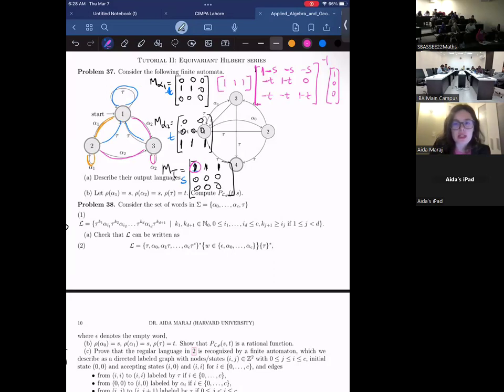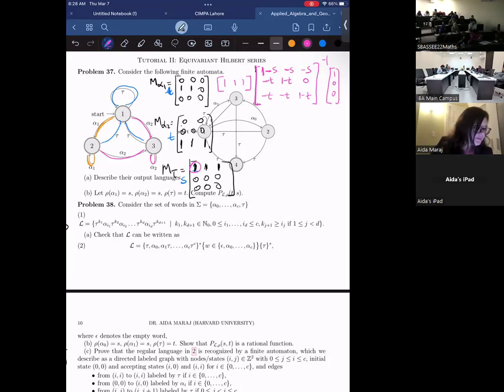I also welcome any suggestions on what part we would like to focus more on. Could you please explain how we extract these matrices from the graph?